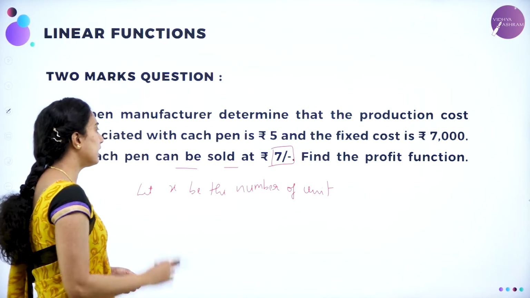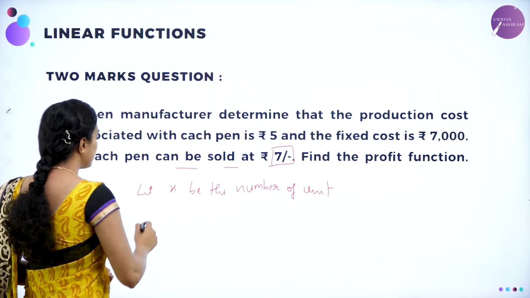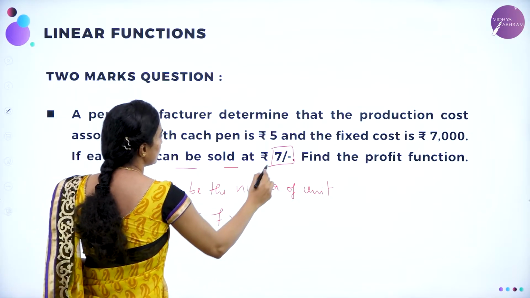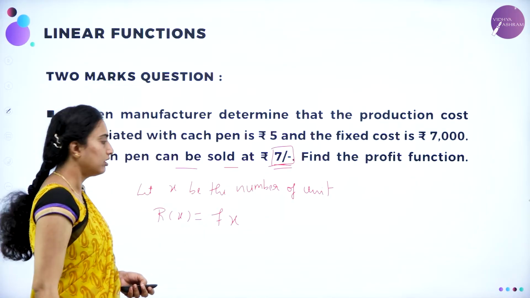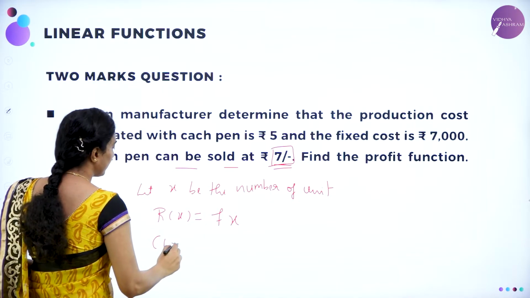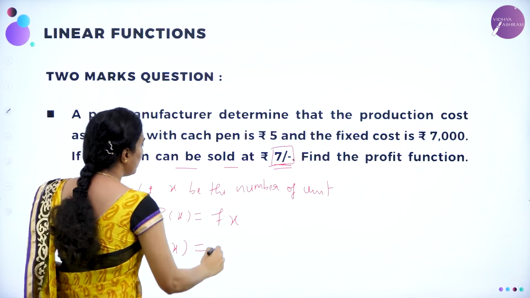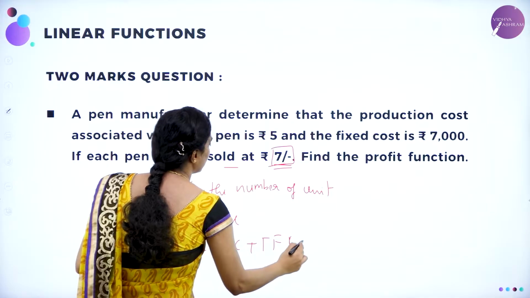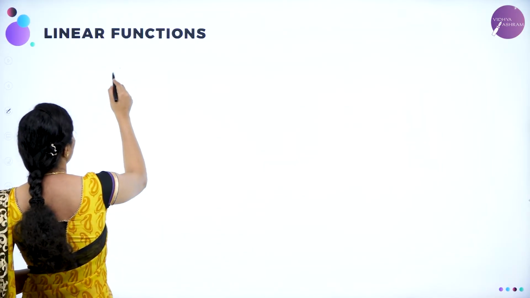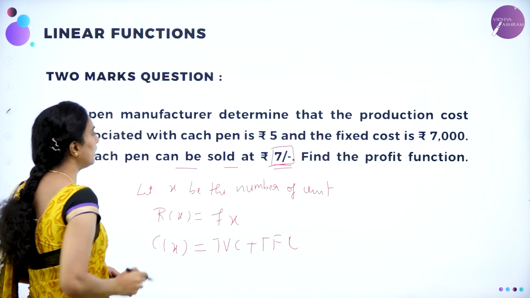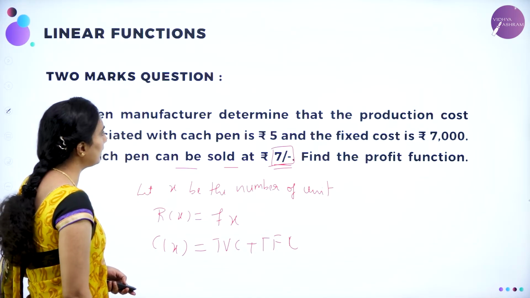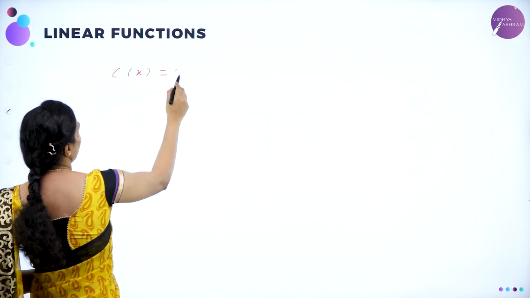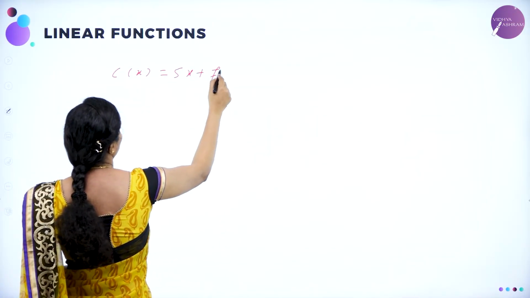The revenue function is R of X is equal to 7x because it is sold for rupees 7. C of x is equal to total variable cost plus total fixed cost, so C of x is 5x plus 7,000.